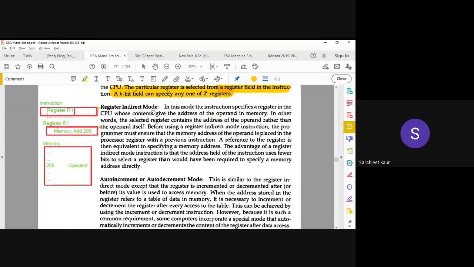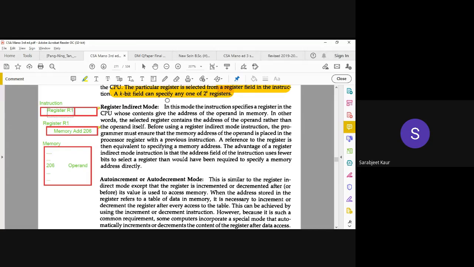Okay. Now, next mode is register indirect mode. What happens here is that in this kind of mode, the address part tells me about a register. Let's say it is 1. That means R1. So when I go to R1, I don't get the operand, but I get its effective address. So I am getting this effective address 206, memory address 206. When I go to this memory address 206, I will find the operand.